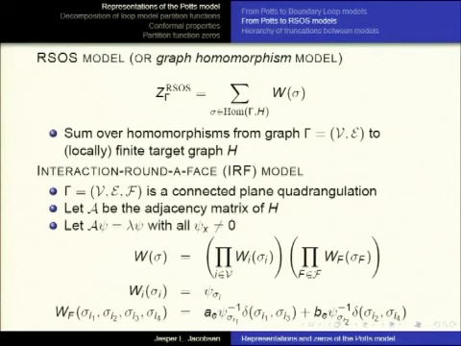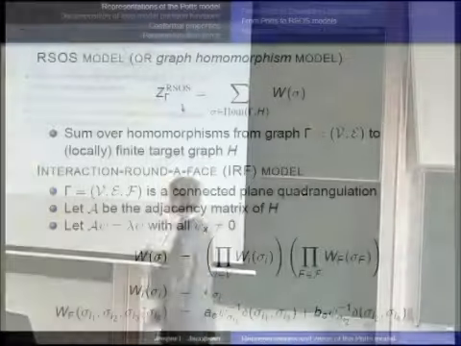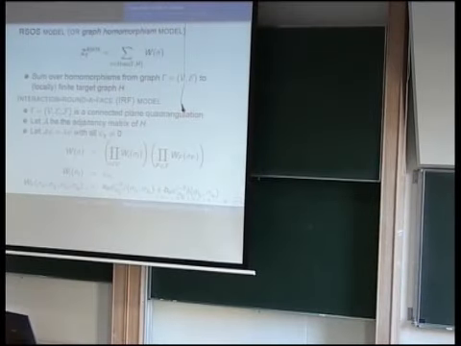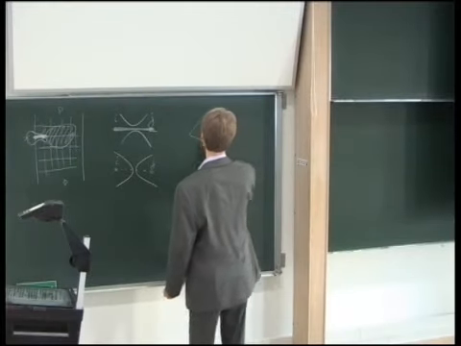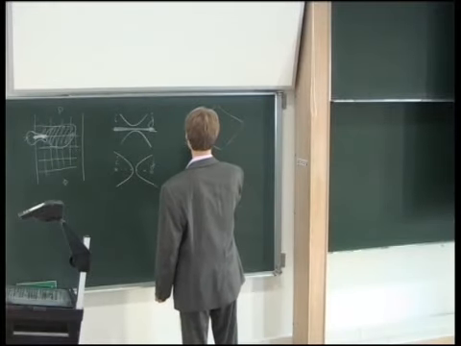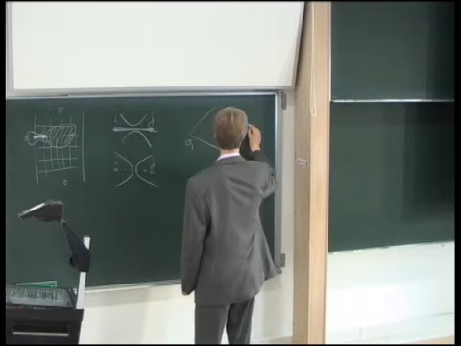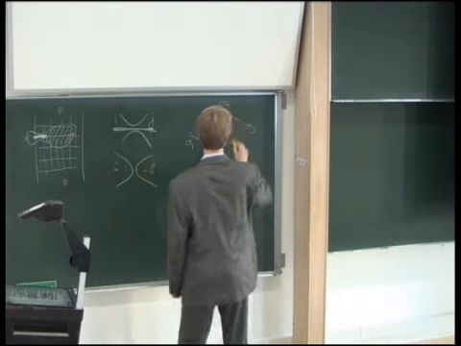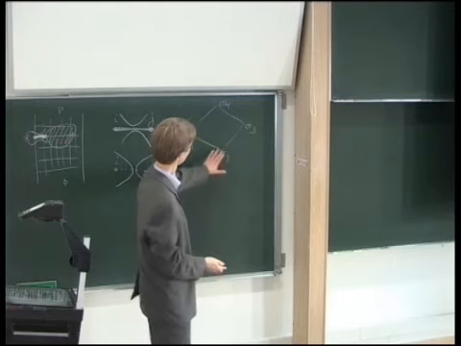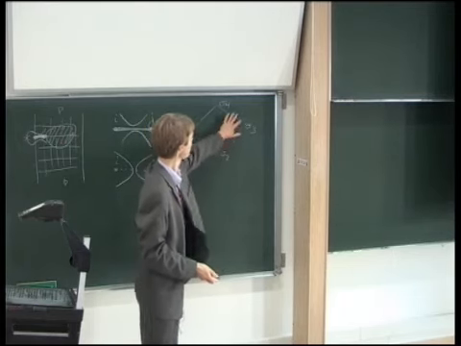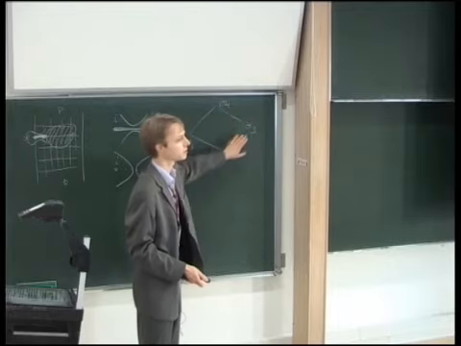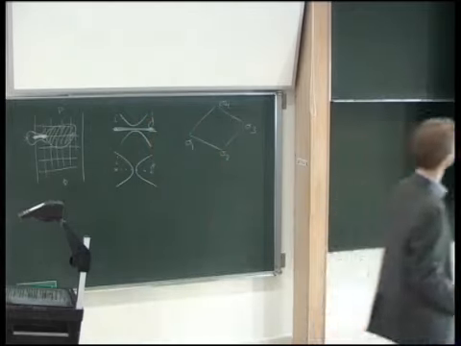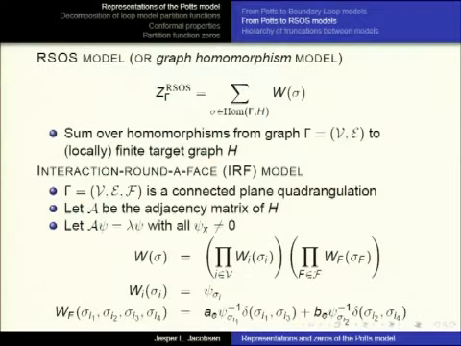So every vertex comes with a weight psi sigma i. And for a face on my plane quadrangulation, if the 4 vertices on the face are sent to these values here on the target graph, then my face weight is going to be this.